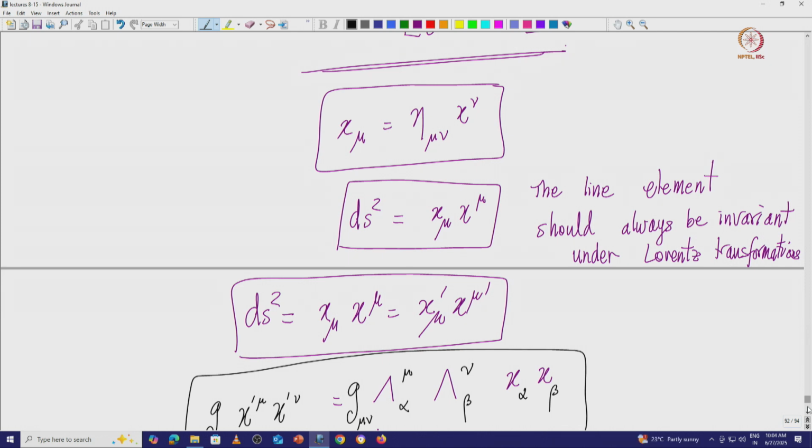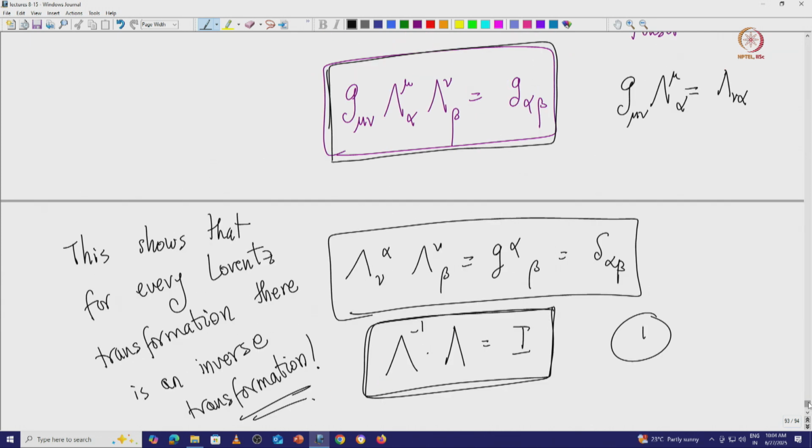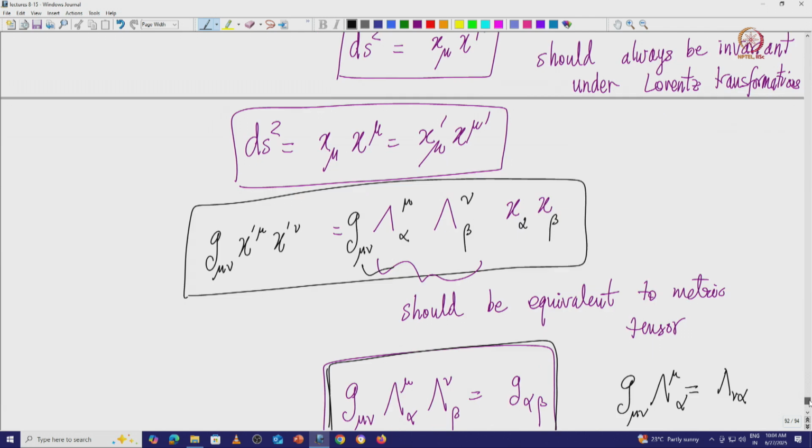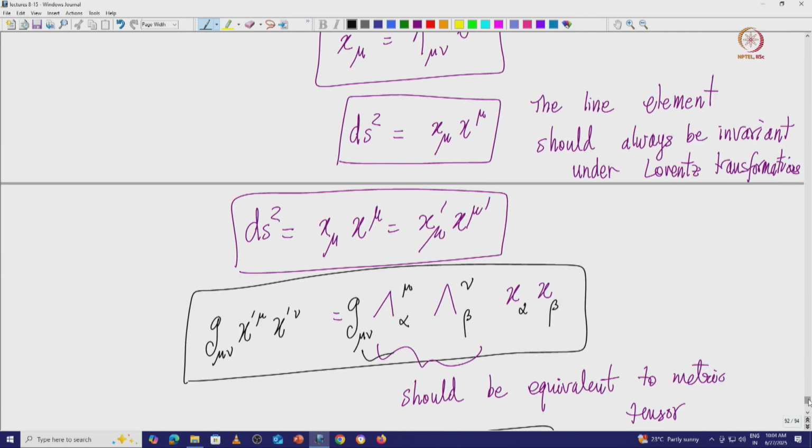Just re-expressing this, I rewrote it as x mu prime into g mu nu, and x mu prime in terms of lambda mu alpha and x alpha. This is just your Lorentz transformation. So this, as I have written it, okay, there is an error in the indices here also.